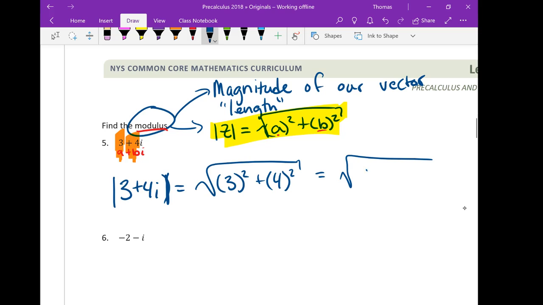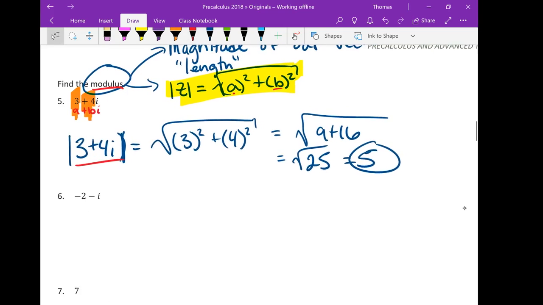That gives us the square root of 9 plus 16, the square root of 25, which is just 5. So the modulus of the complex number 3 plus 4i is just 5.